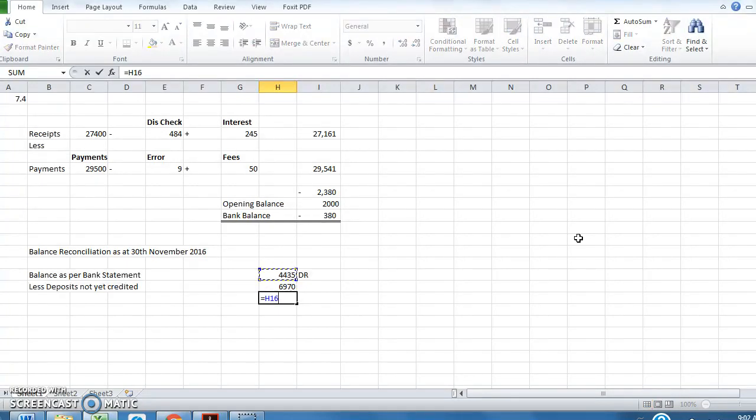And what is the difference between that and that? That minus that, just because the debit is actually negative, once again because we're looking at it from our bank's perspective, so that actually is a deficit or an overdraft. So 2,535, we're now in positive.